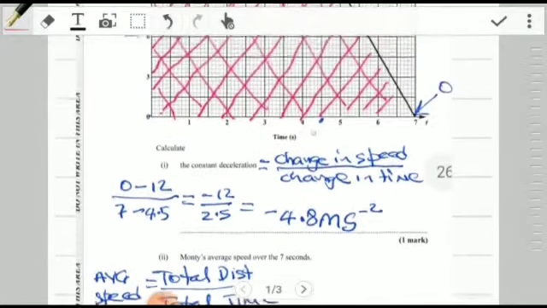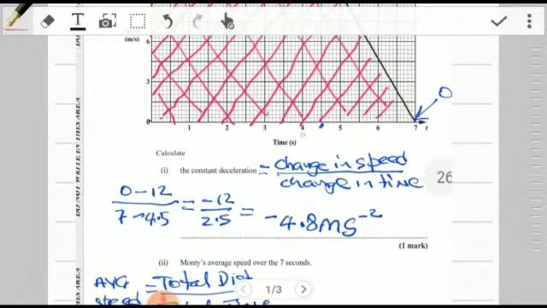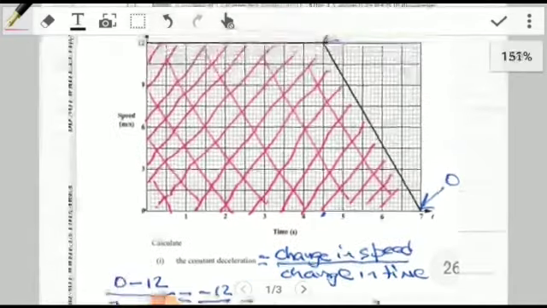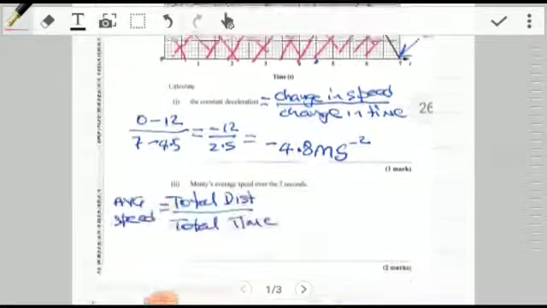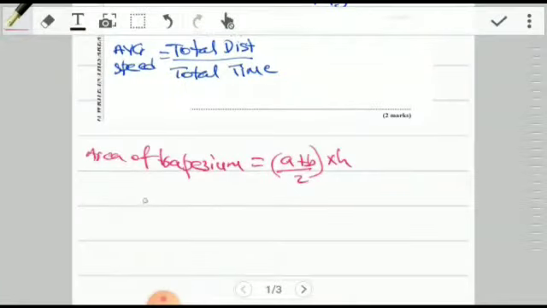The parallel sides are 7 and, as you can see here, 4.5. So it's going to be 4.5 plus 7 over 2, times the height, which is 12.